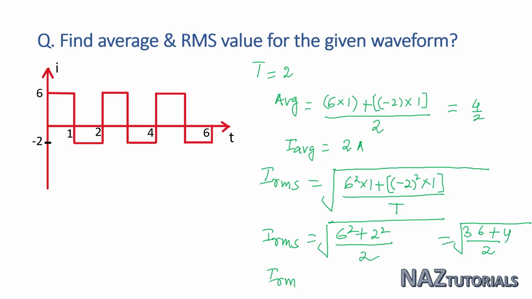So the I RMS is square root of 20 ampere.